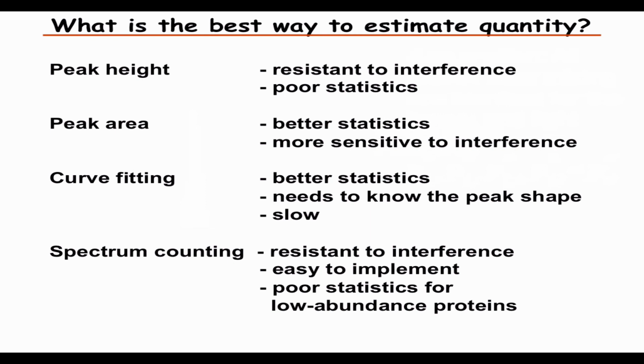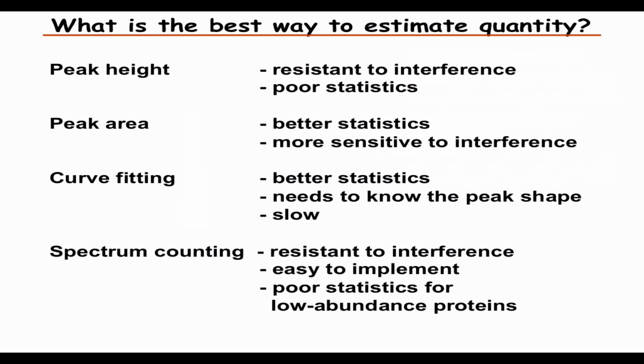This is a very popular way to do it. It's not the most accurate way at low intensities, but it's extremely resistant to interference, because we can identify much better than we can quantify.